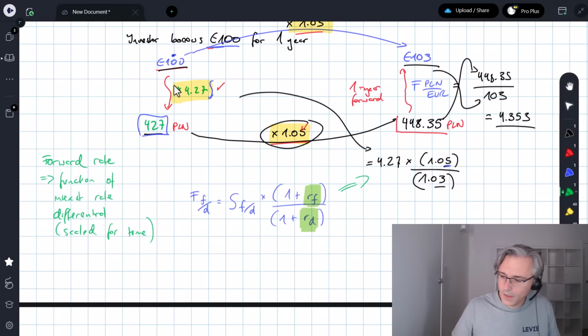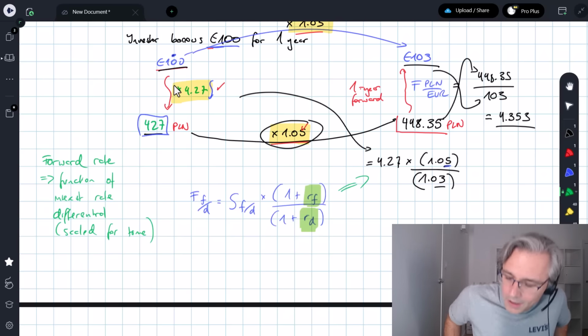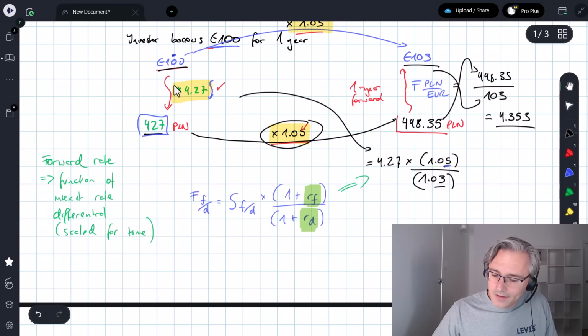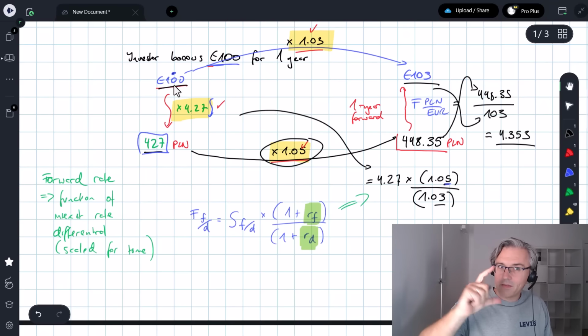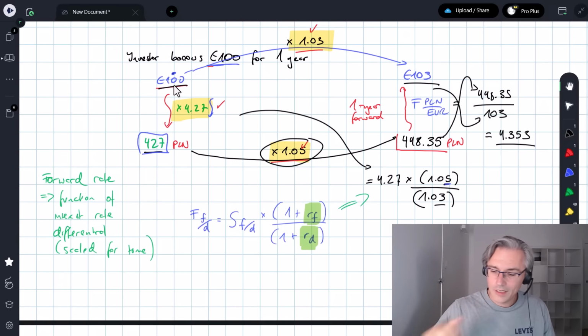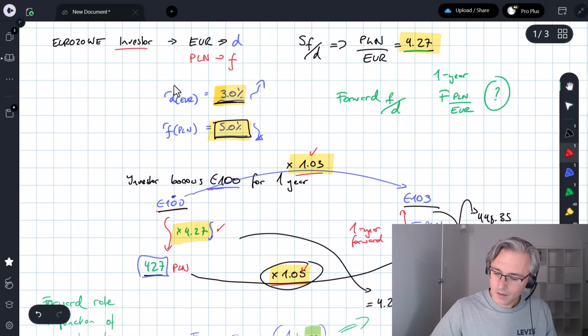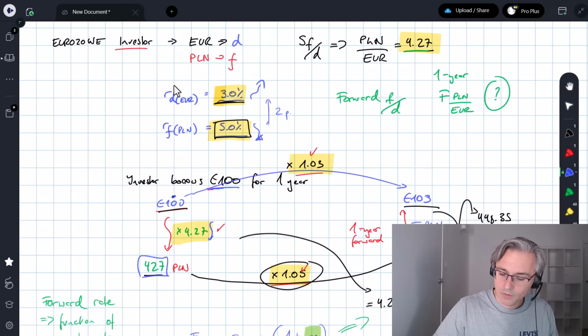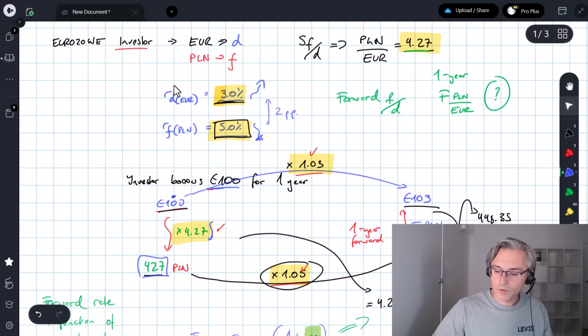Good. And in our case, the difference between the two interest rates was around 2 percentage points, 2% or 2 percentage points.